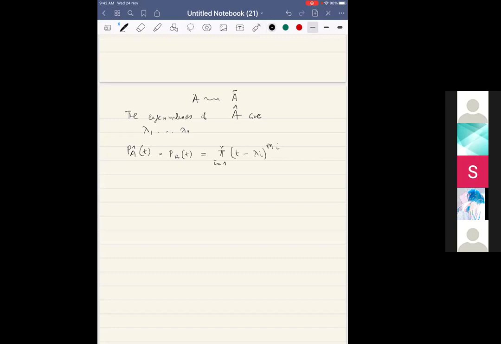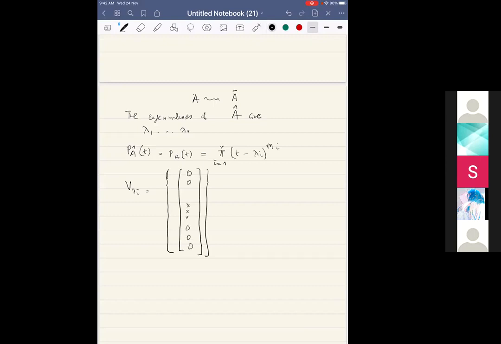So what is the eigenspace V_lambda_i? This consists of vectors with all entries 0 except in a certain stretch. And what is this stretch?